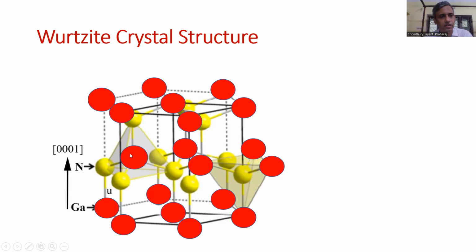So it's not the exact tetrahedral angle that you find in the wurtzite crystal structure. Rather, what you find is something close to the tetrahedral angles, but distorted from it.